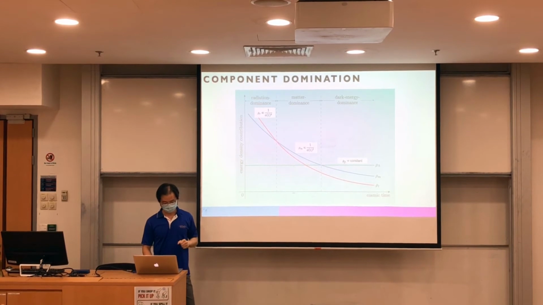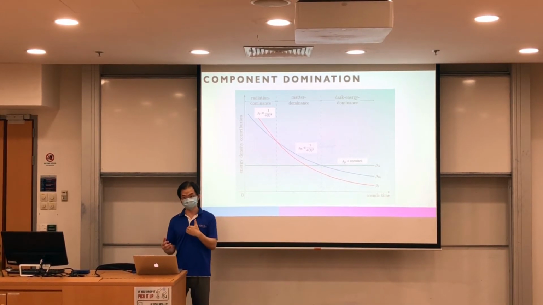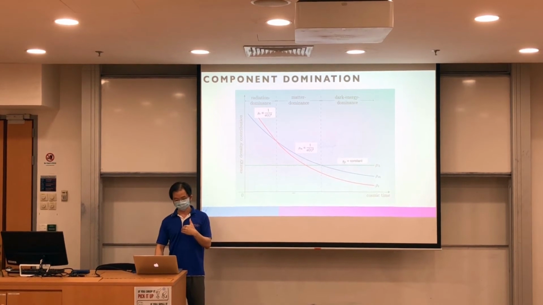So at the beginning, radiation might be the dominant component, but because it is a to the power of -4, as a gets bigger, it decreases quickly. So radiation density will drop very quickly.